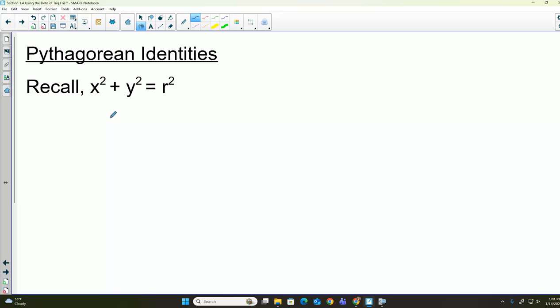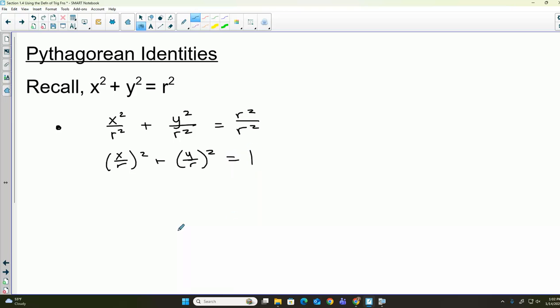What would happen if I went through and I divided each term by r squared? This is the same thing as saying x over r squared, y over r squared. And r squared divided by r squared is 1.